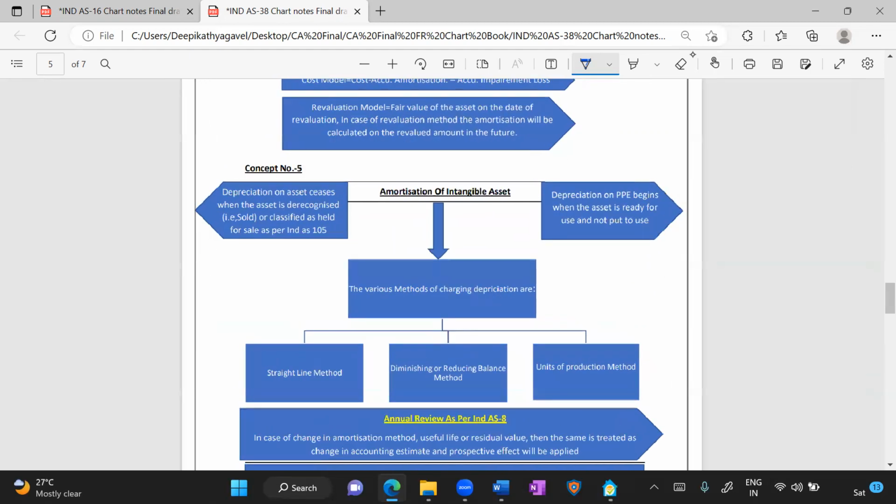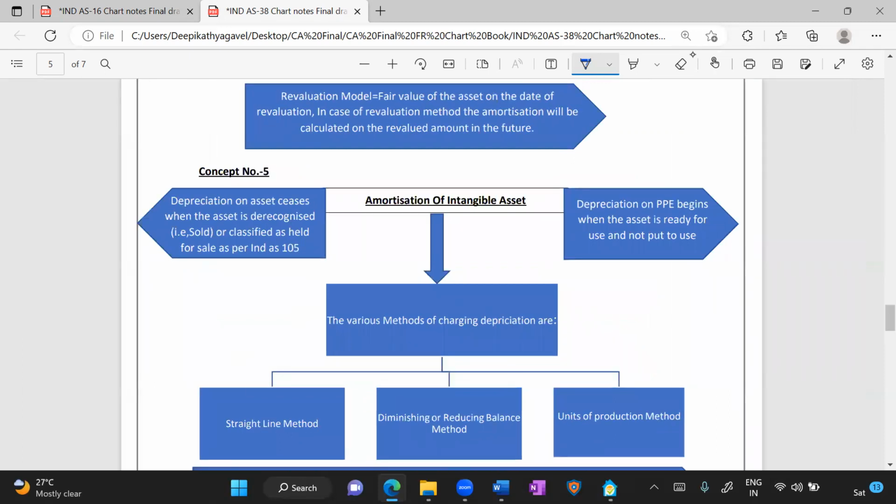Concept number 5, amortization of intangible assets, right? Amortization of an intangible asset will begin when the asset is ready for use, and not when the asset is put to use. So once the asset is ready for use itself, amortization will apply.